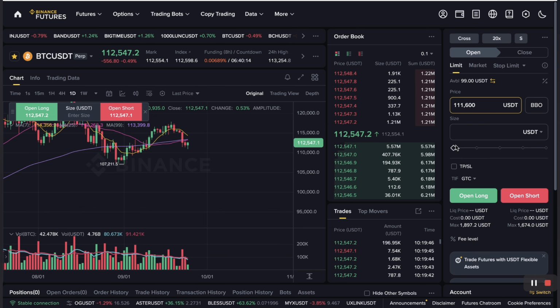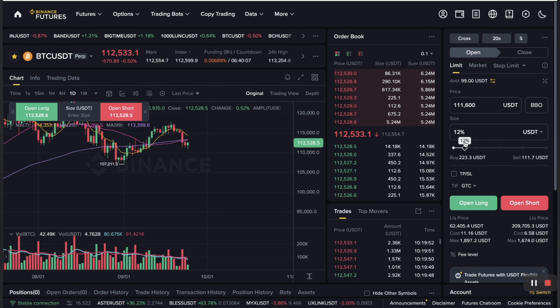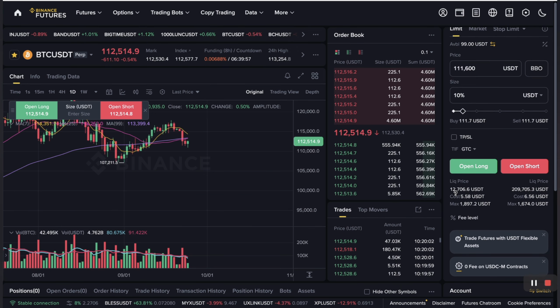So I can use 10% of my money. If you cross here, you can see the amount I want to use here. You can see it's very simple and easy.